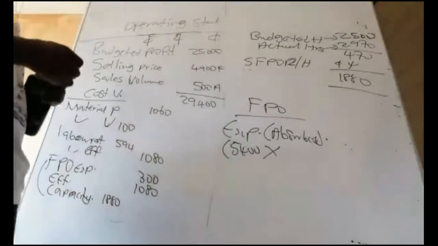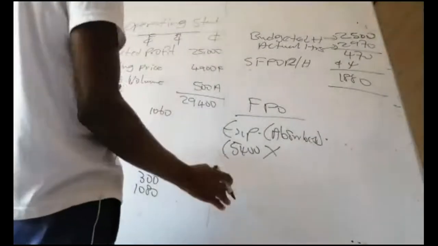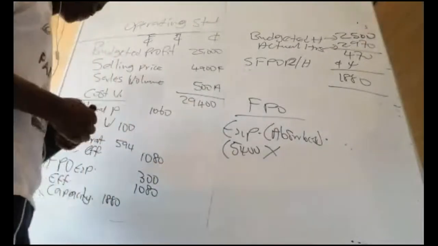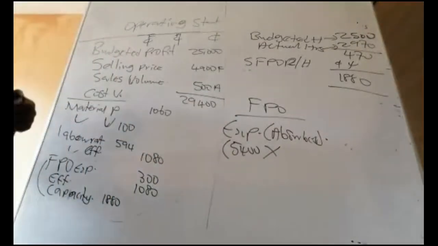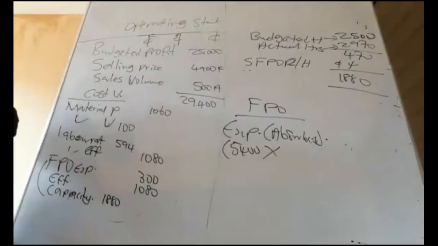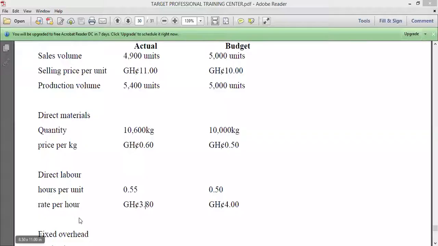The fixed production cost per unit, but not the rate per hour. According to the question, the hours per unit is 0.5. Good, so it's 0.5 hours, but the rate is 4 per hour.